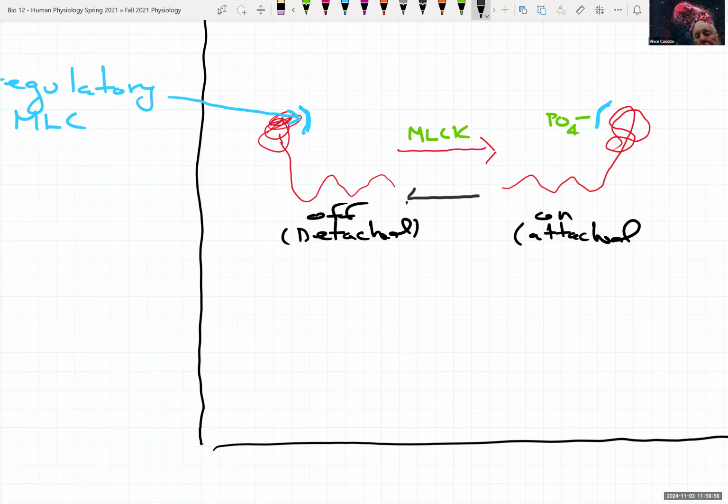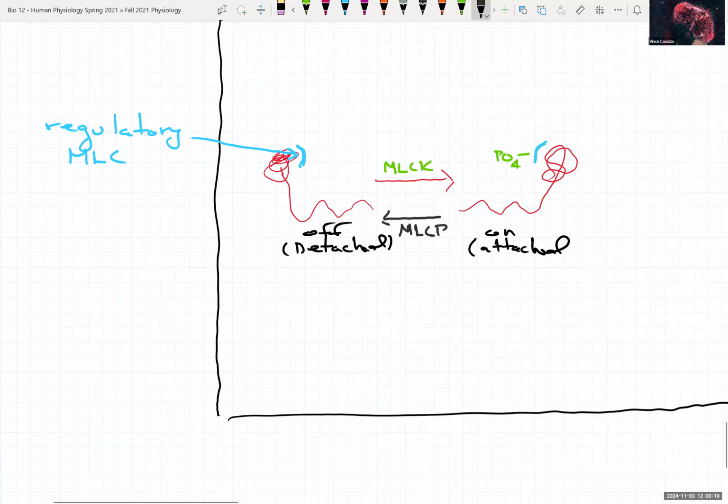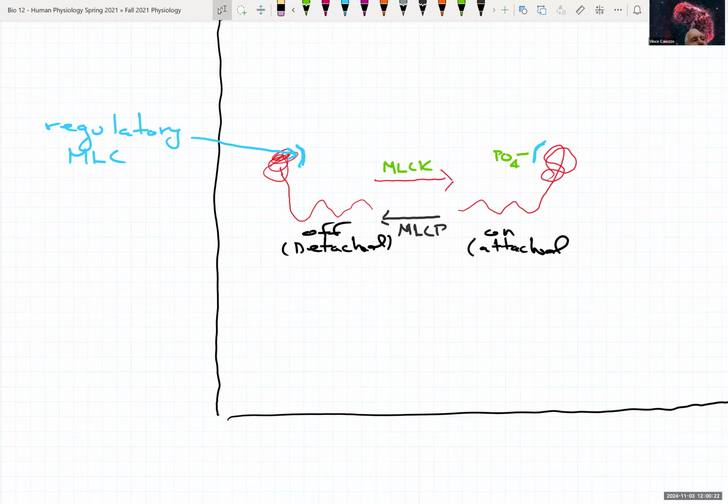To dephosphorylate the regulatory myosin light chain, that involves the so-called myosin light chain phosphatase, MLCP. So ultimately, at the end of the day, what determines whether a myosin molecule in smooth muscle is turned on is the phosphorylation of the regulatory myosin light chain.